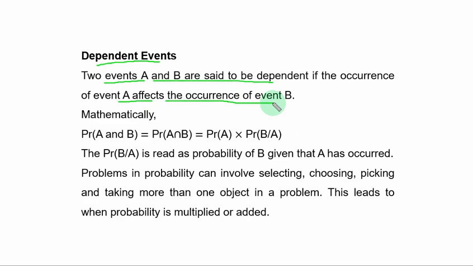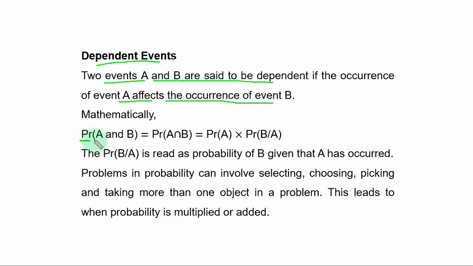Because you are throwing one die, the probability of getting a 2 will prevent 3 from showing up. So the two events are dependent. When 2 shows up, 3 will not. And when 3 shows up, 2 will not.